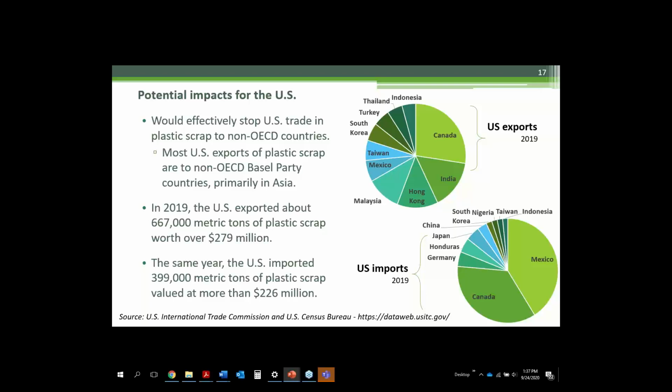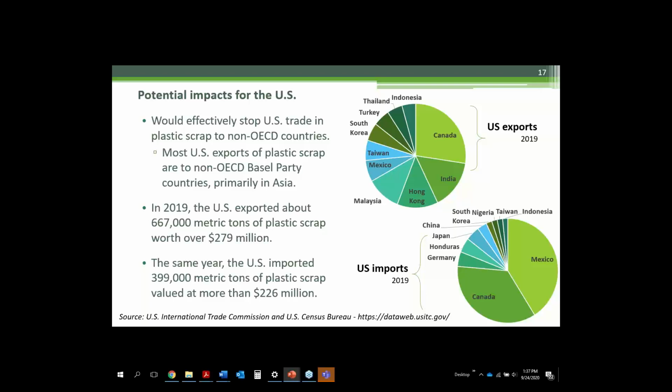As you can see from the export chart, we've got significant exports to countries like India, Hong Kong, Malaysia, Thailand, Indonesia. These are all countries that are Basel parties and they're not OECD members. So I think we're going to see some significant impacts on exports to those countries.